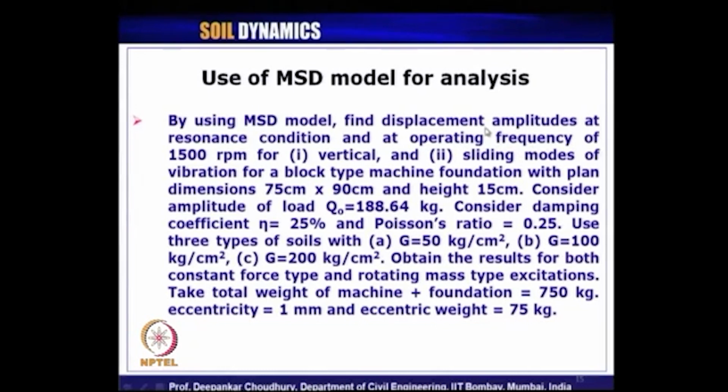Displacement amplitude needs to be obtained at two conditions, one at resonance and another at an operating frequency of 1500 RPM. In this case, it is a design check problem, not a full design problem, because the dimension of the block type machine foundation is given to us.